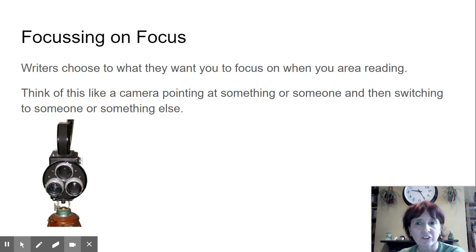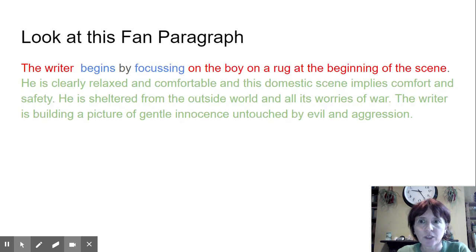So all our focus is switched to the door. And there's a reason why writers decide to focus on something. If I was writing a paragraph to the question, how does the writer structure the text to interest you, I might say the writer begins by focusing on the boy on a rug at the beginning of the scene.